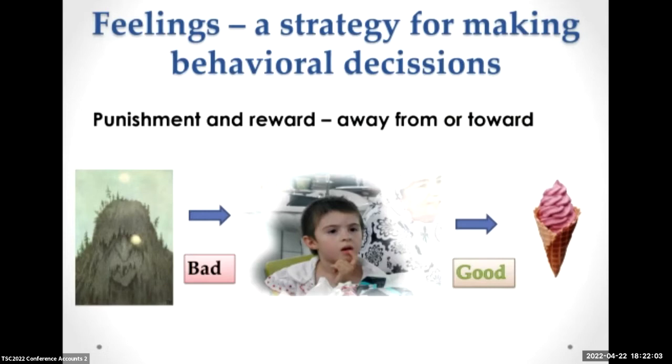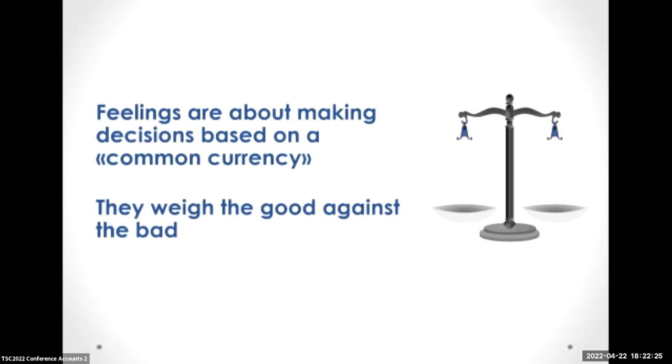Punishments, bad feelings, are about trying to make you avoid what is bad for the genes, while the positive feelings are about trying to make you do what is good for the genes, which is why feelings have two main types. So what feelings are about as a strategy is to make decisions based on a common currency. The brain tries to weigh the positive sides against the negative sides, and then tries to go for the maximum positive outcome in its decisions.